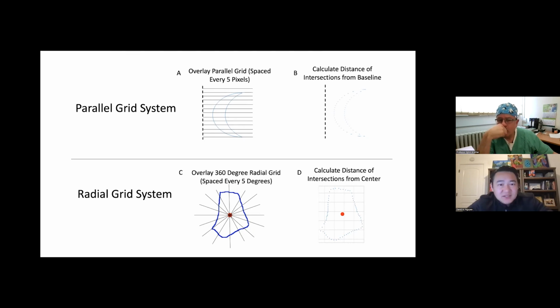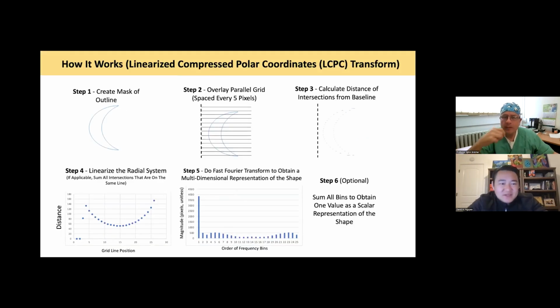And what this does is, so what I described is steps 1, 2, 3 in the top row. And what it does is it produces step 4, right? We've now turned a two-dimensional shape into a complex sinusoid wave, which is just a pair of coordinates, right? The x-axis is the grid line position, and the y-axis is distance.